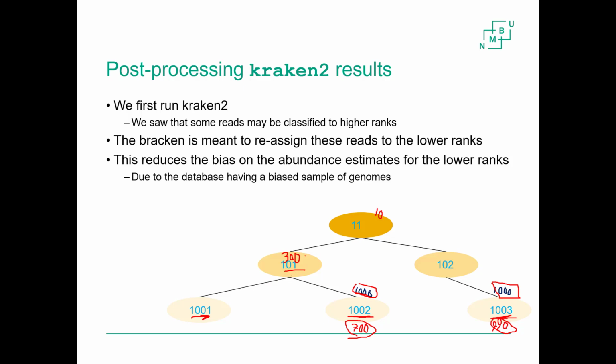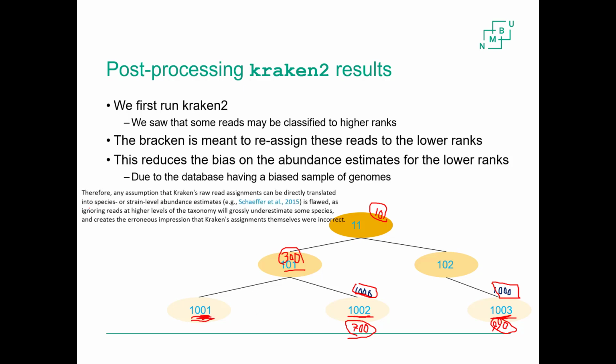Because many of these are assigned up here, not so many of these others were assigned up here. So you can say 1003 only lost 10 reads to its relatives, but this one lost 300 because it has a closer relative.